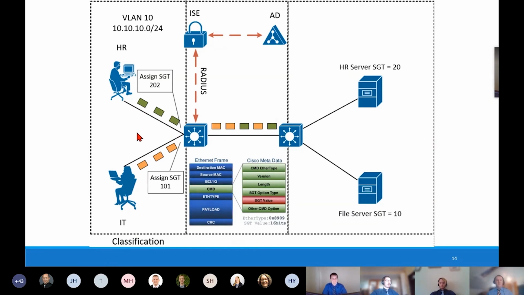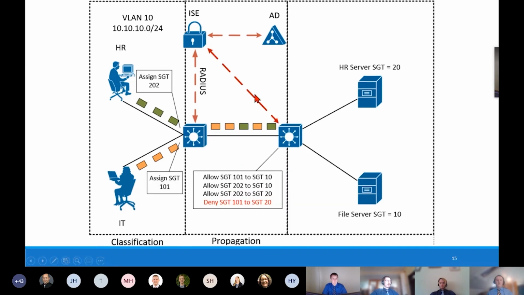Within the next part of Cisco TrustSec, we have propagation. This is where network devices receive TrustSec policy from a centrally managed location, which would be Cisco ISE, or Identity Services Engine. A network device can mean a variety of different things, including various Cisco switches, WLC, and Firepower devices.